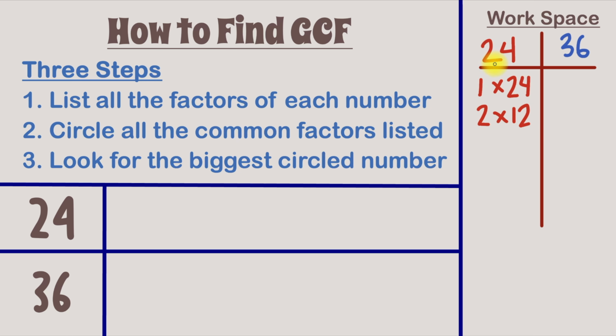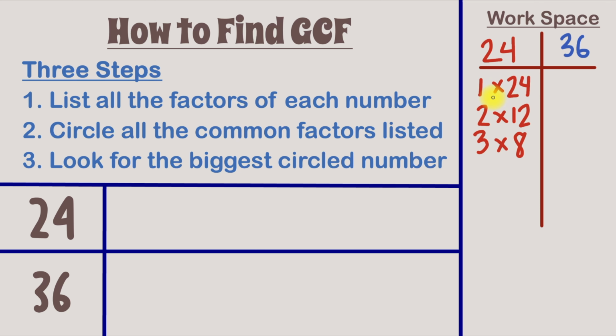Next, we've got the number 3. Can 3 go into 24? Absolutely. So we'll write 3 times, and then 3 times what will give us 24? Well, that's 8. So I'll put 8 right here, because 3 times 8 equals 24.